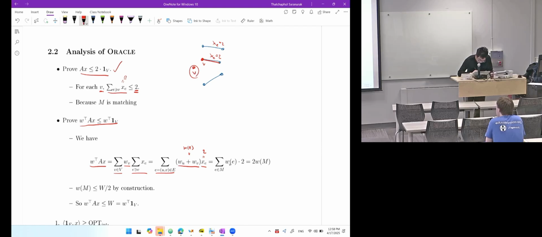So we can just sum over all edges in M, the weight of an edge times 2. This is the total weight of the matching times 2.